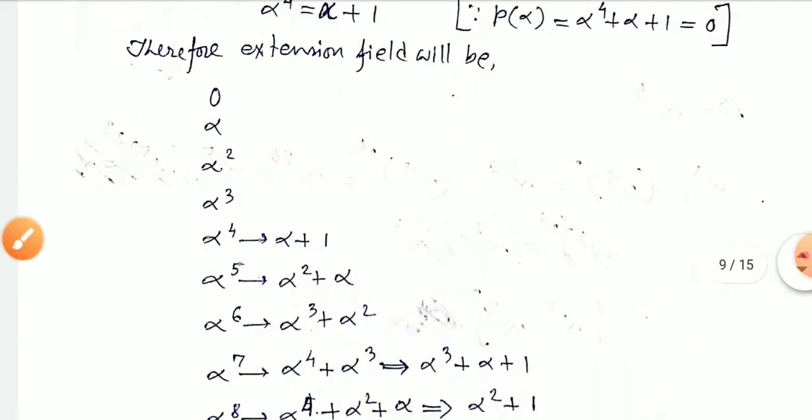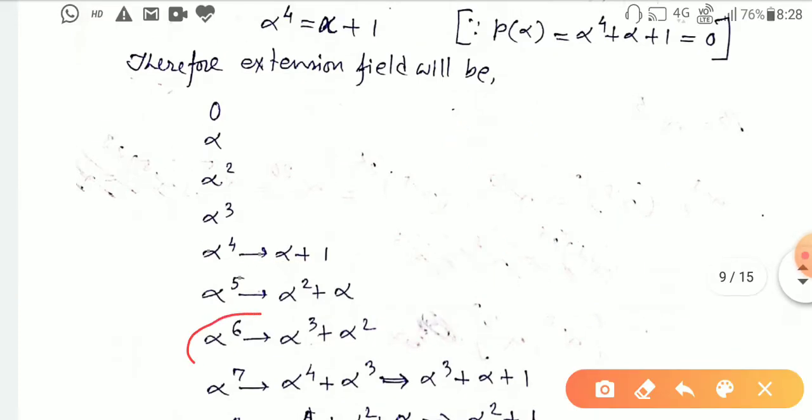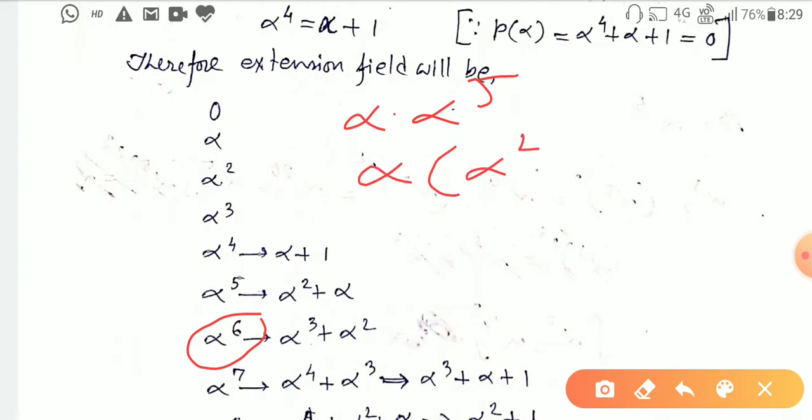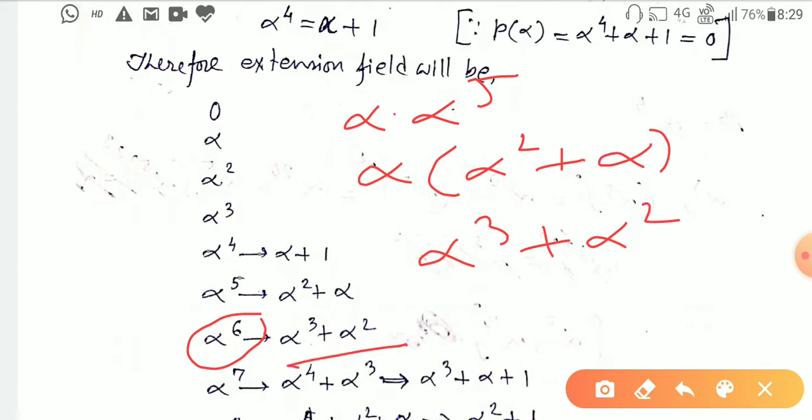If you consider alpha 6, that is alpha into alpha to the power of 5, so alpha into alpha square plus alpha. So this value will be alpha cube plus alpha square. Look, this is written in this position.